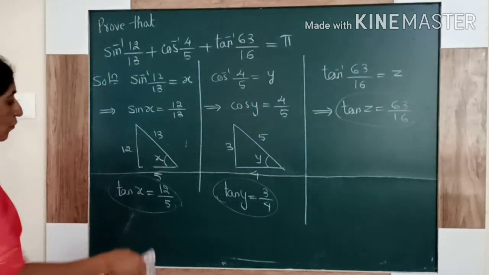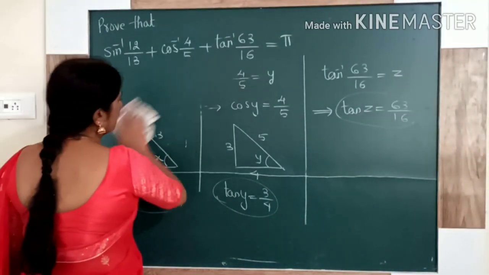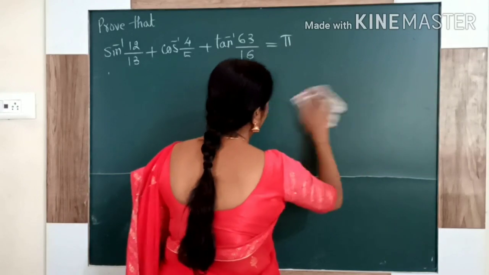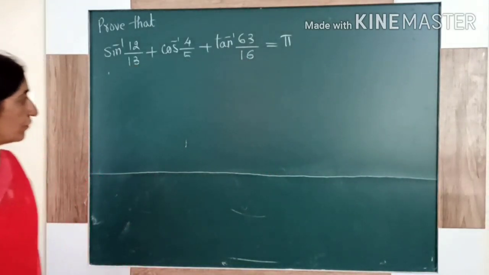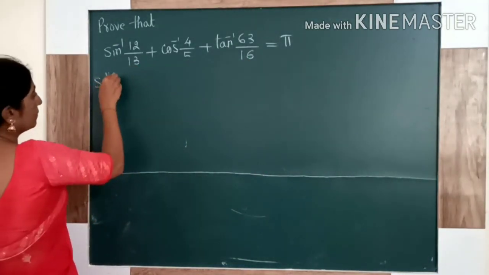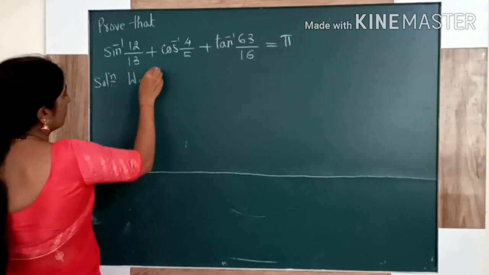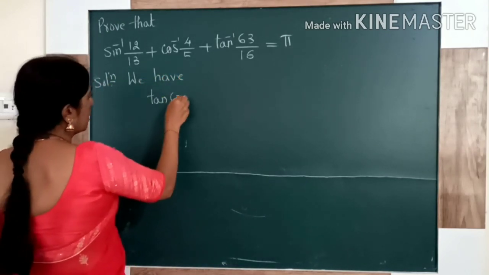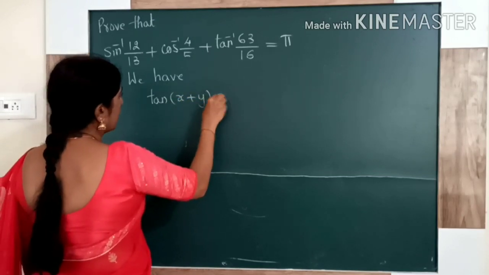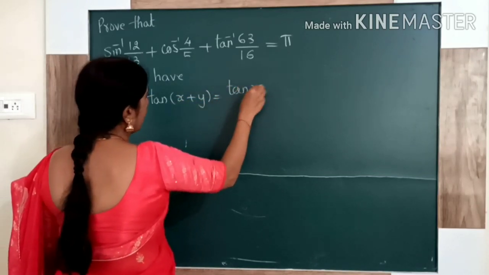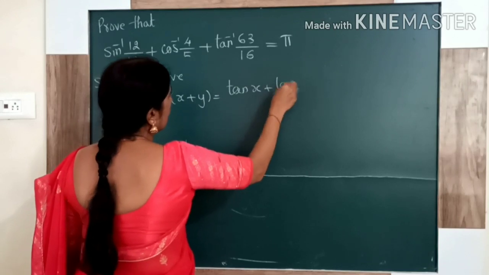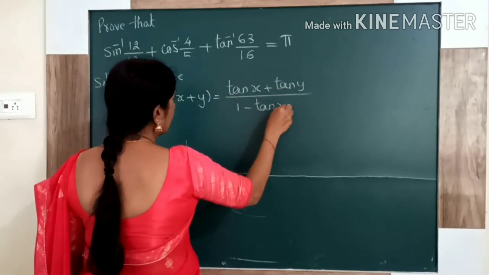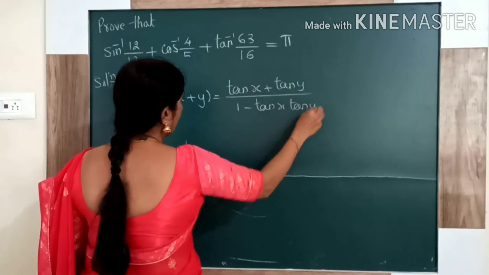Now I am using this formula. We have tan x plus y is equal to tan x plus tan y upon 1 minus tan x into tan y.